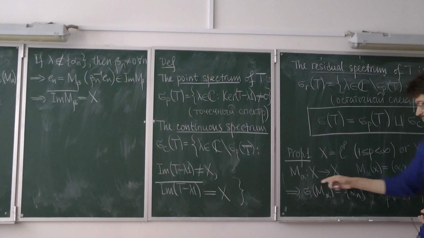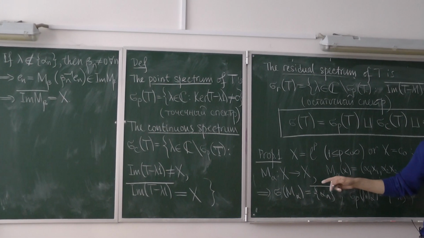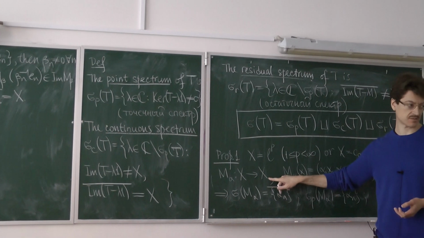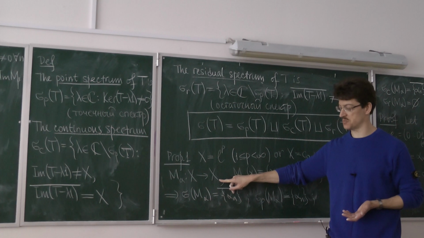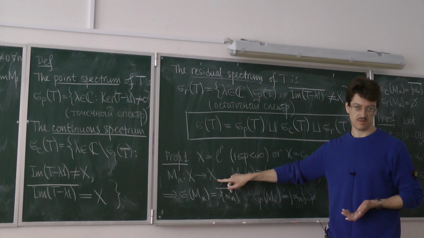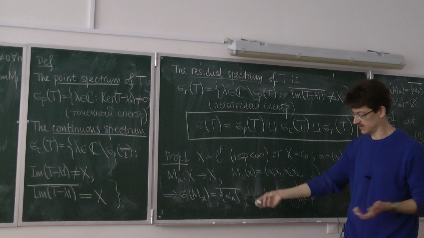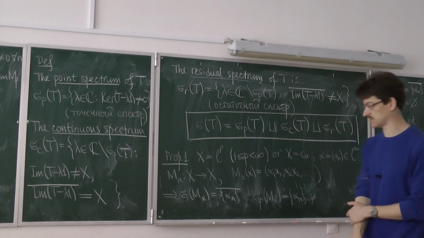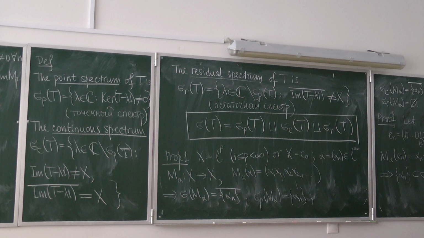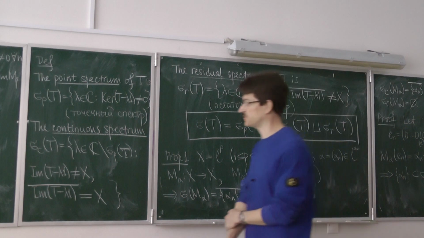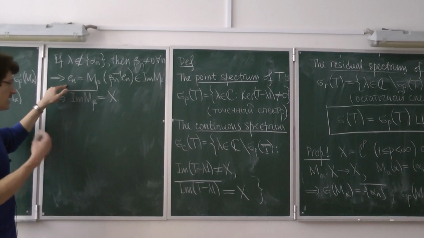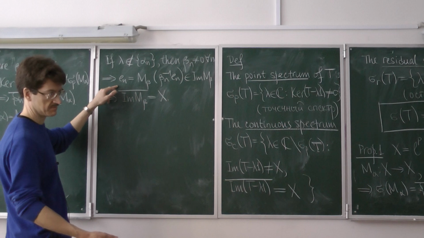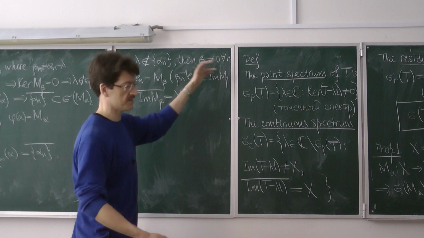Well, we know that our operator acts from l p to itself. It acts from X to X. So the image is contained in X, because we consider M alpha as an operator from X to itself. But the point here is that it is dense in X, because actually we don't have to worry about infinite linear combinations. We know that finite linear combinations of these vectors are dense in X, and all of them are in the image.